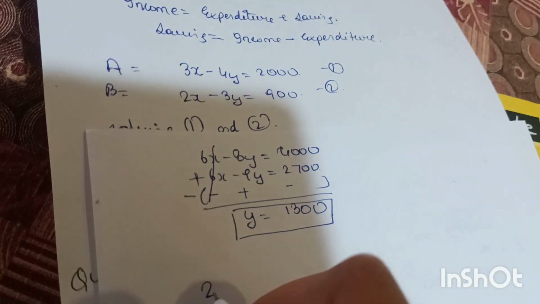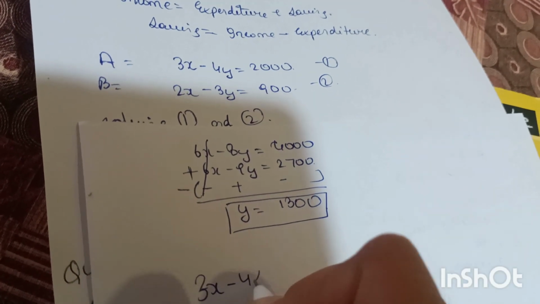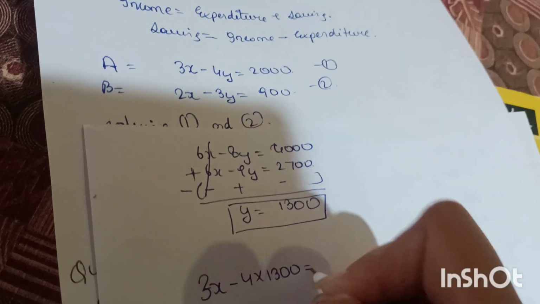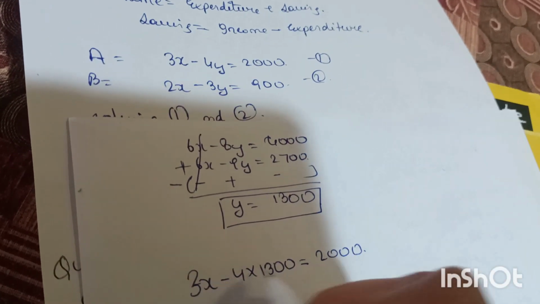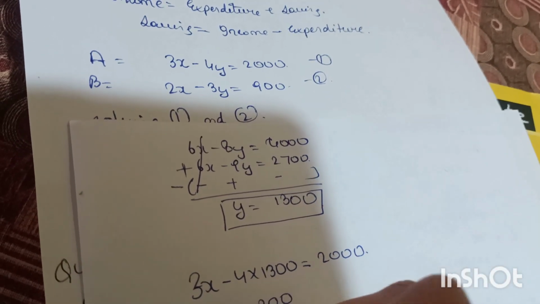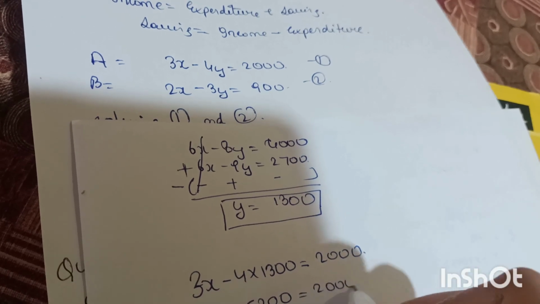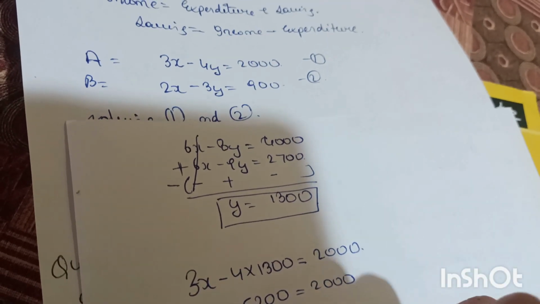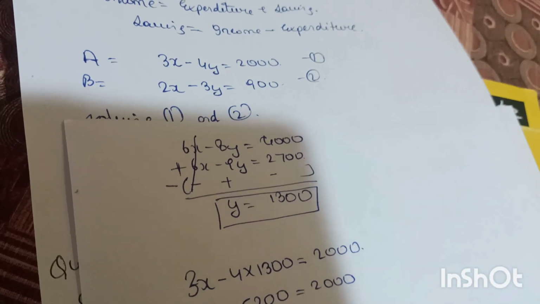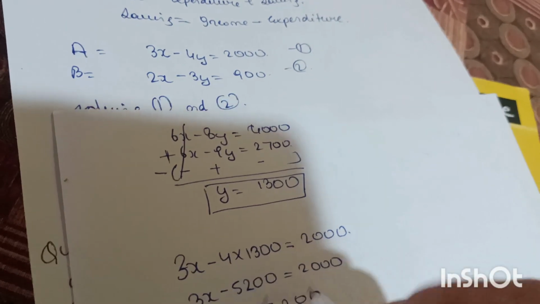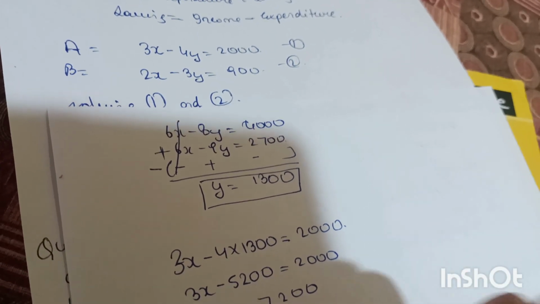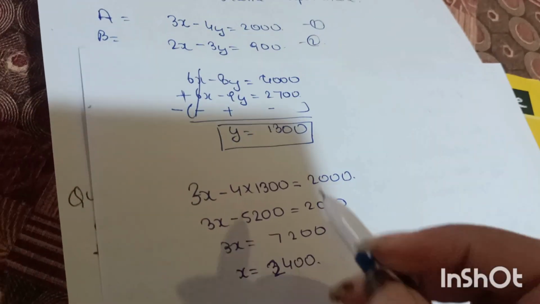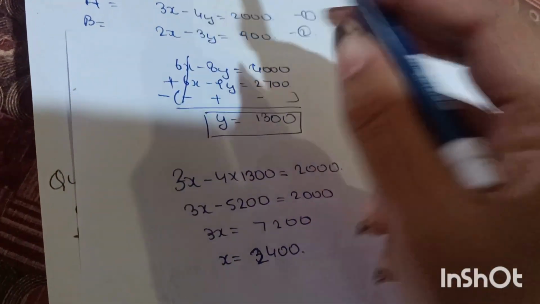So 3x minus 4 into 1300 equals 2000, so 3x equals 7200. X will come 2400. Now we have to find their incomes.